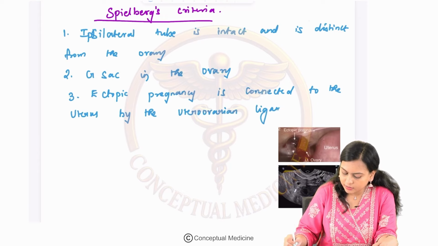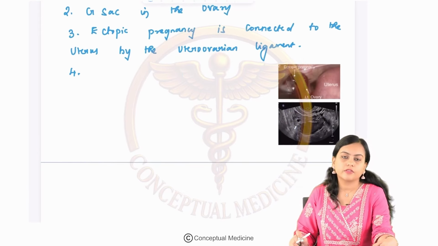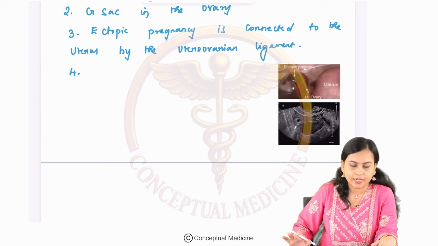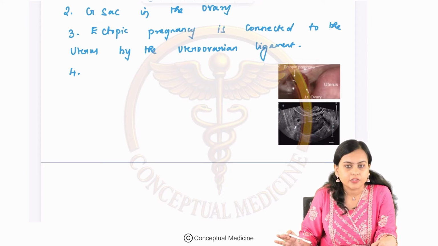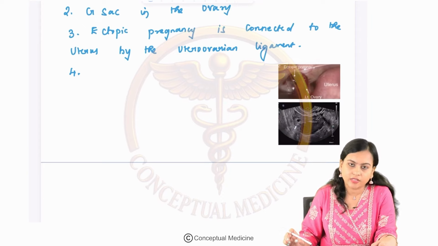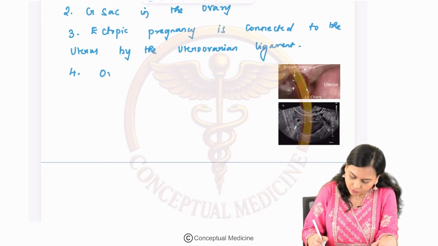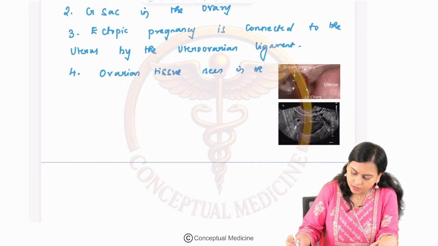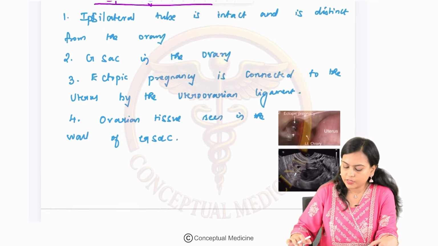And when you take a histopathological examination after surgery, you should be able to see the ovarian tissue in the gestational sac of the ectopic pregnancy. So, ovarian tissue seen in the wall of G-sac. Clear? So, these are the 4 criteria.